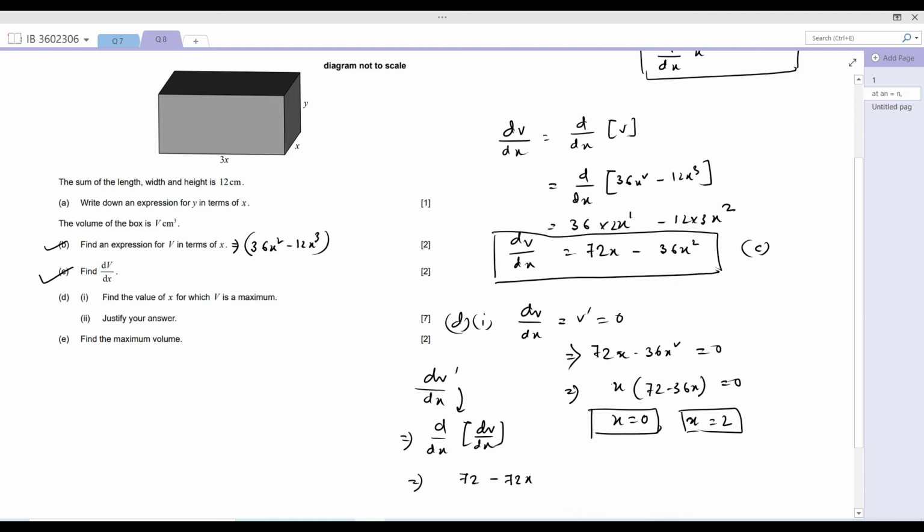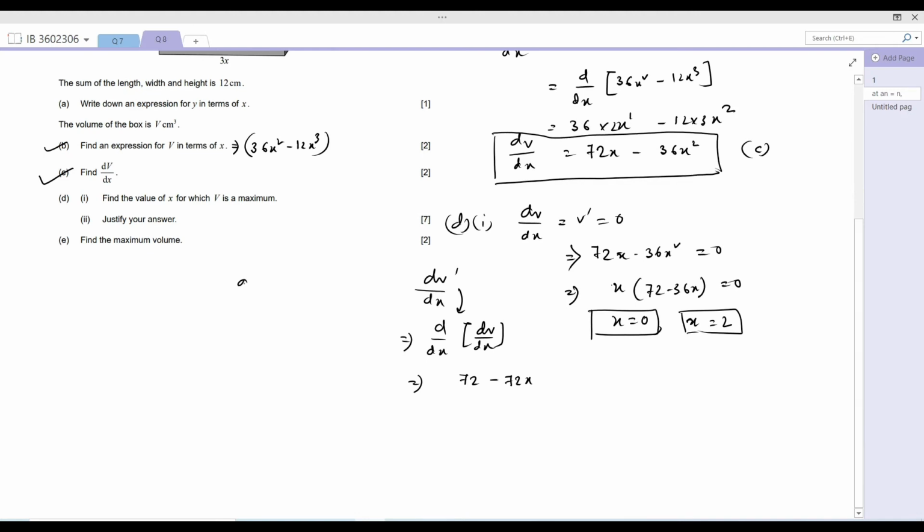If you put in the values, we have two critical points, x equals 0 and x equals 2. At x equals 0, v double dash is 72, which is greater than 0.